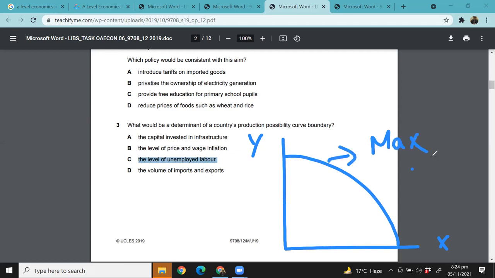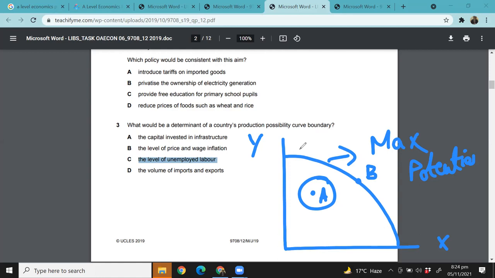On the other hand, unemployment is determined by where you are operating within the curve. If you're operating within the curve, this means that there's unemployment. If you're operating on the curve, there is no unemployment because you're using all of your resources. So this will not determine the boundary. It will determine where the country is currently operating.